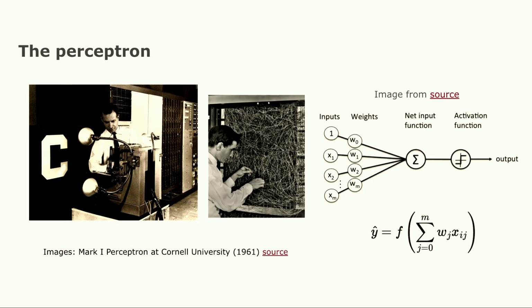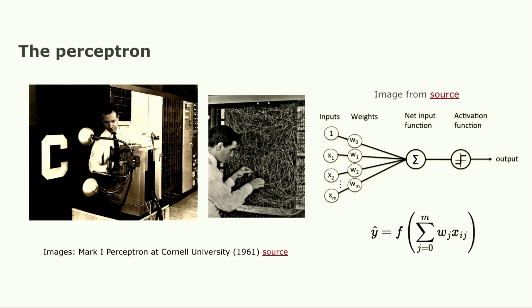Perceptrons were a follow-up on the work of McCulloch and Pitts. They were invented by Frank Rosenblatt in 1957, and they were the first neural networks trained with data. They were designed for pattern recognition tasks, particularly visual perception, which is where the name perceptron comes from.